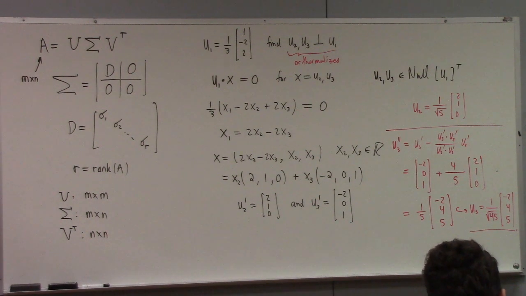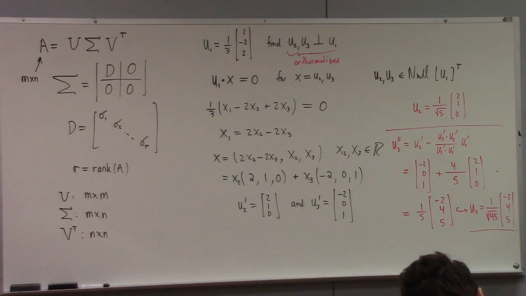My u3 was minus 2 over the square root of 45, 4 over the square root of 45, and 5 over the square root of 45. Did I normalize that right? 25 plus 16 is 41. 41 plus 4 is 45. So yeah. And then my sigma.